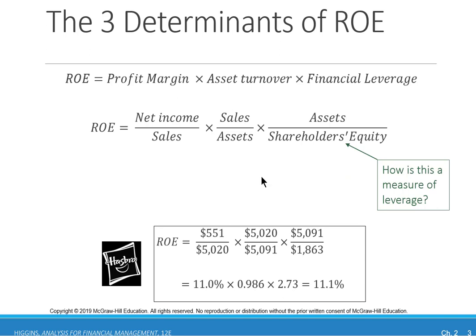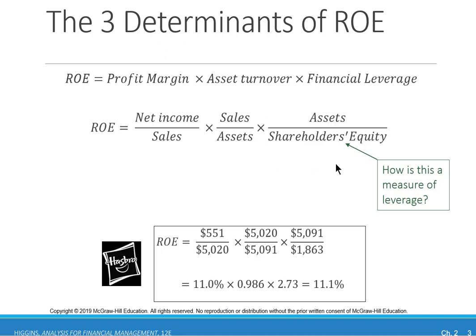This is something called the DuPont analysis. Basically, it says that the return on equity, let's just look at the words up here: if you take the profit margin of the company, multiply it by something called asset turnover, and then multiply that by something called financial leverage, that is how you get return on equity.